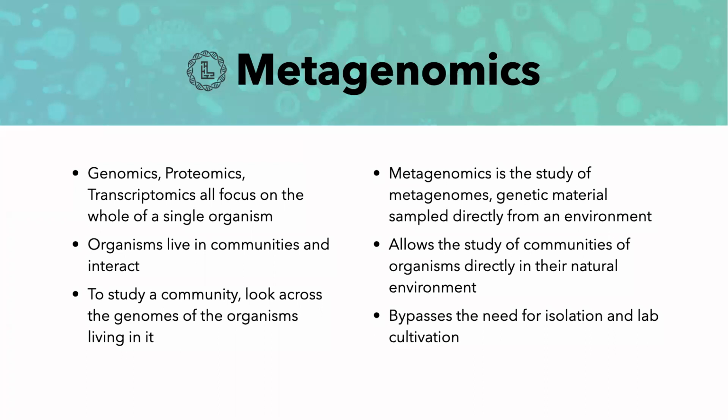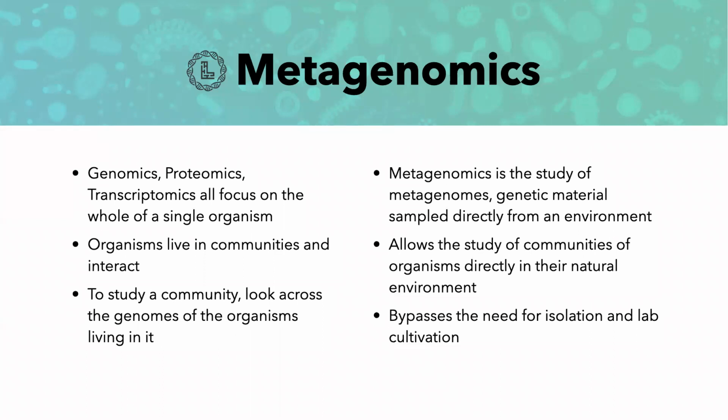Our primary study in this program is going to be on metagenomics. Metagenomics is different from other types of omics data because genomics, proteomics, and transcriptomics all focus on the whole of a single organism. So for example, we want to study all of the genes or proteins that are expressed in a given organism, or we want to understand variation of DNA across cells of an individual.